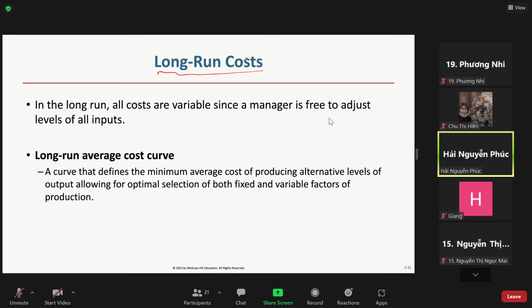We know that in the long run, all the costs are going to be variable, and the manager is going to be free to change the level of all inputs. Once again, K and L are variable in the long run.